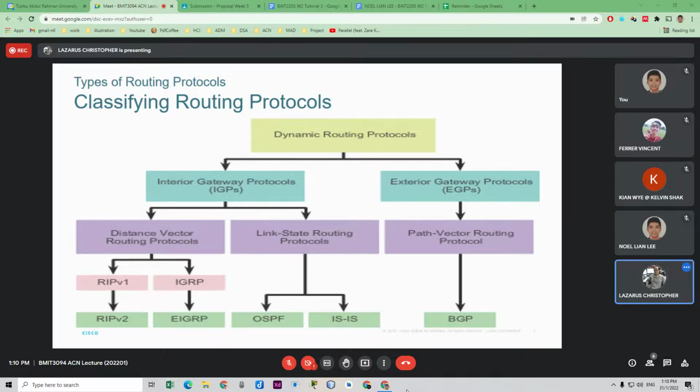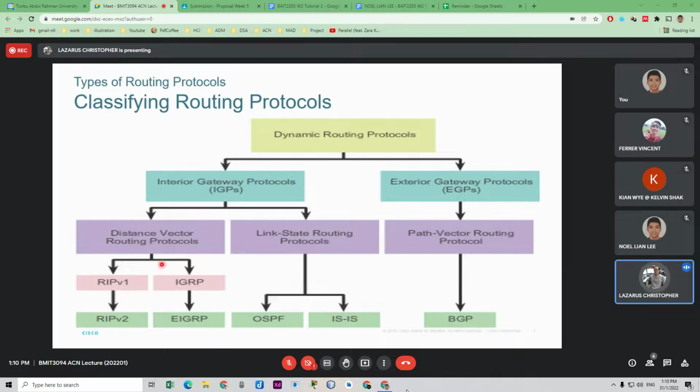Under dynamic routing protocols, we have interior gateway protocols or IGPs and exterior gateway protocols. Interior gateway protocols make use of distance vector routing protocols and link state routing protocols. Under distance vector routing protocols, you can see the older one, RIP version 1, and the newer version, RIP version 2.